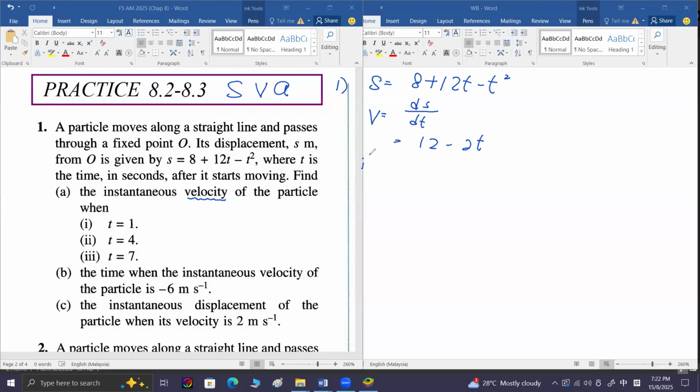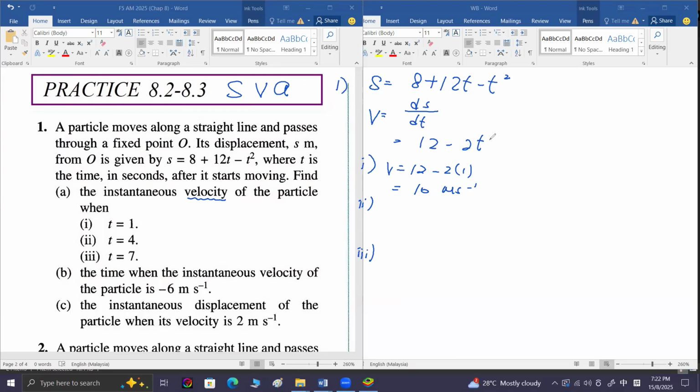Okay, so Roman 1, 2, 3 should be okay already. And t is 1, then you get 10 meter per second.